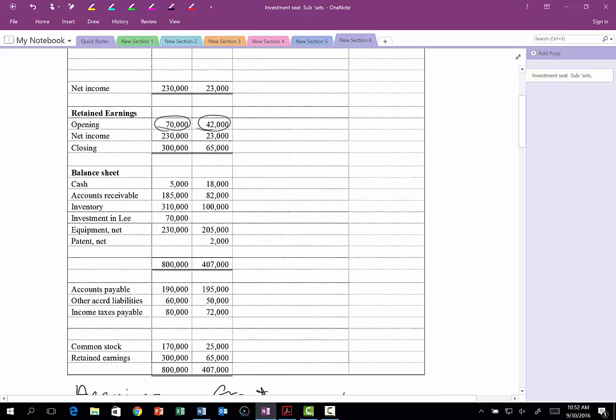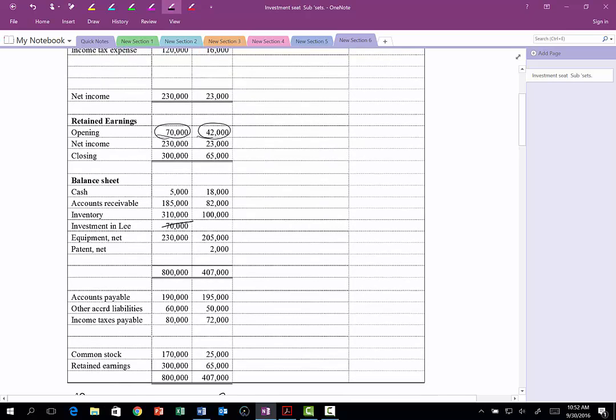So on our balance sheet here, the investment in Lee, we need to essentially get rid of that. That would be a credit to do so. And I'm just going to put brackets around it. Remember, brackets now indicate that I'm subtracting. This is a debit, so consequently we're eliminating it, so we're going to have to credit it. We need to have that $25,000 disappear.